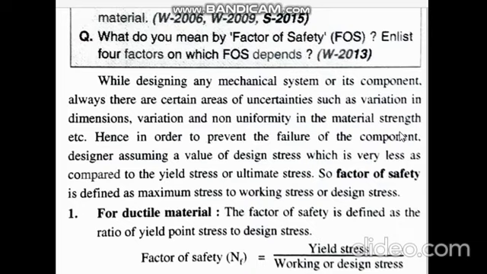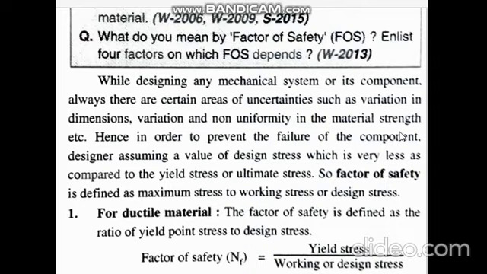The environmental conditions also vary, and we don't know at what temperatures things will be used. Something may be used at low temperature, something at high temperature. We don't know about the various conditions. So as a designer, when we are designing something, we have to be very careful.